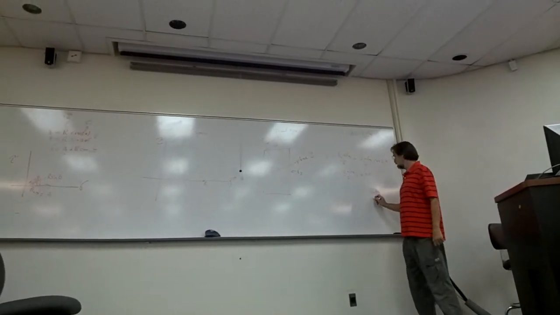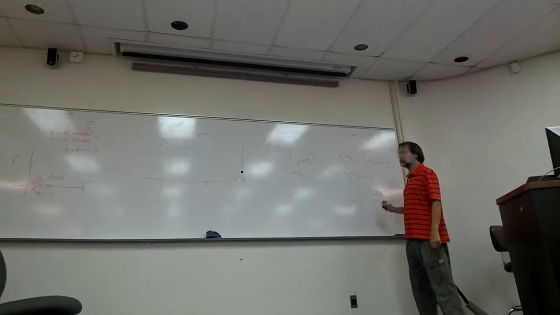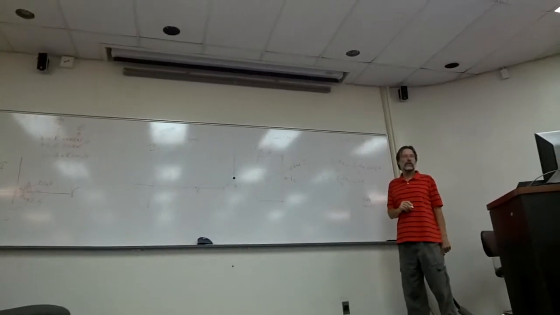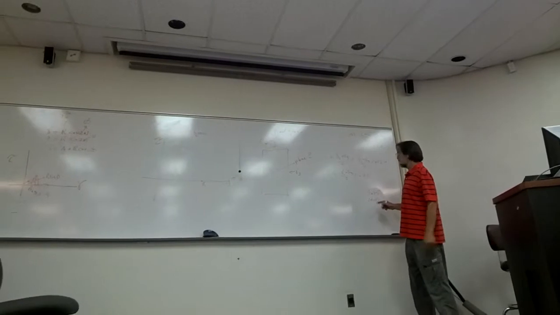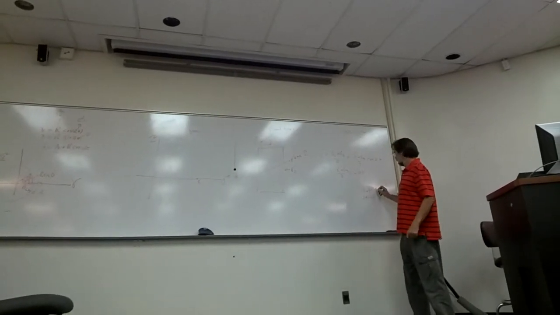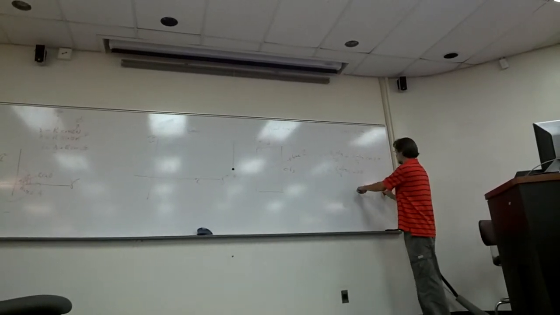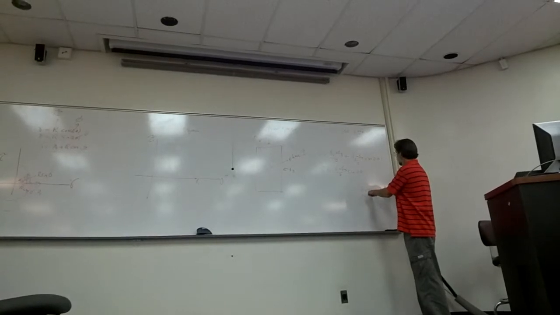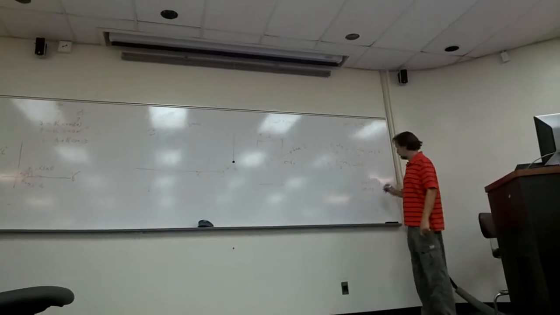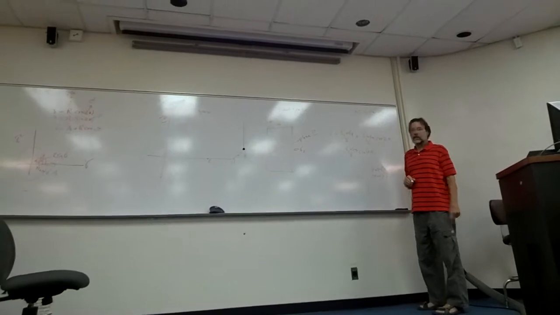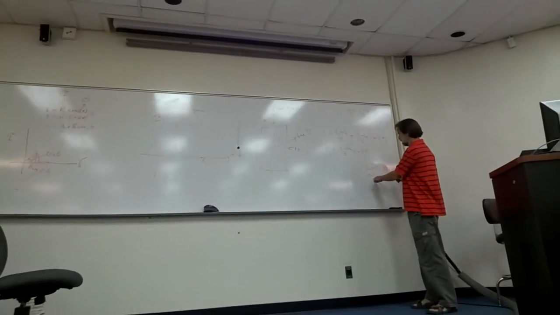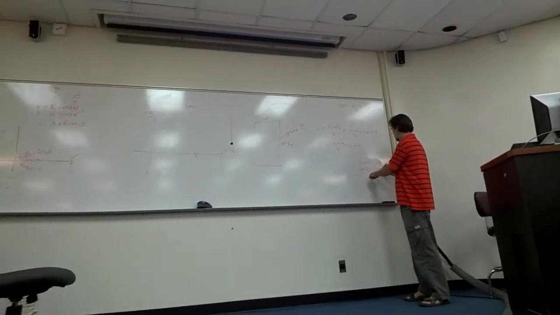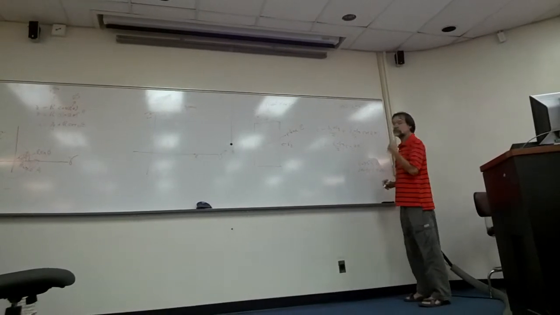Now 2 theta equals 90. And cosine of 90, what's cosine of 90? Adjacent over hypotenuse. And then sine of 90 is 1.